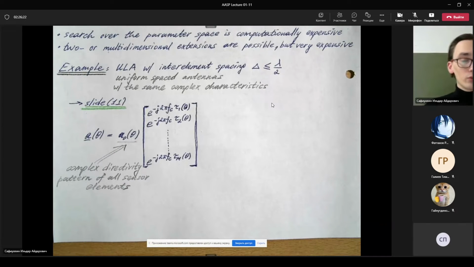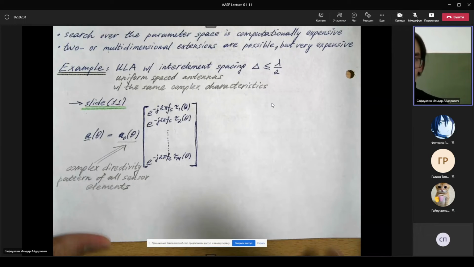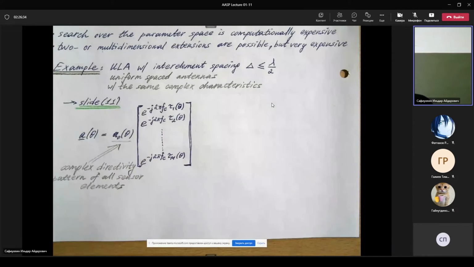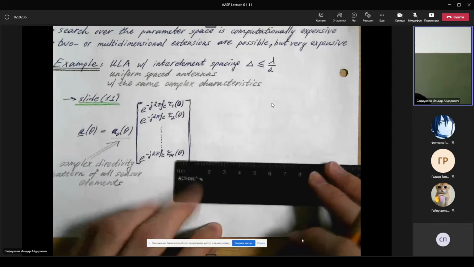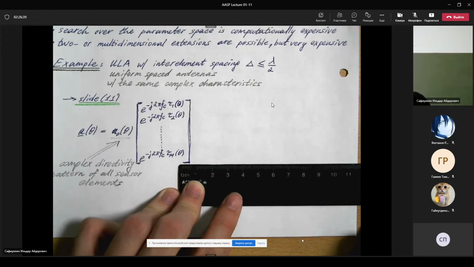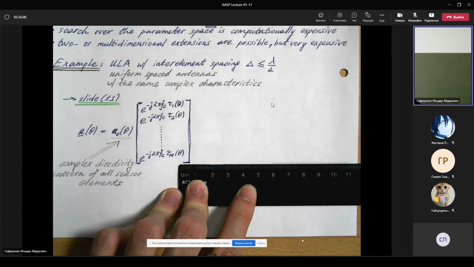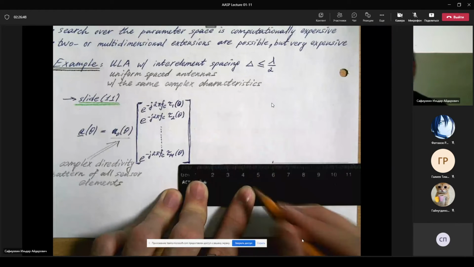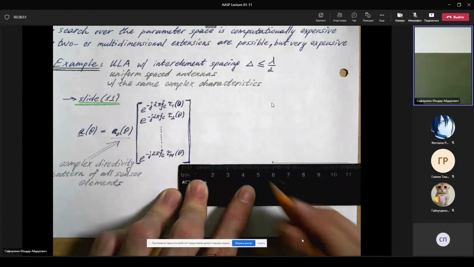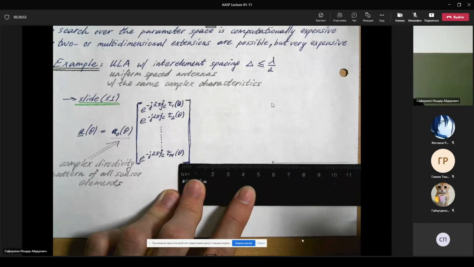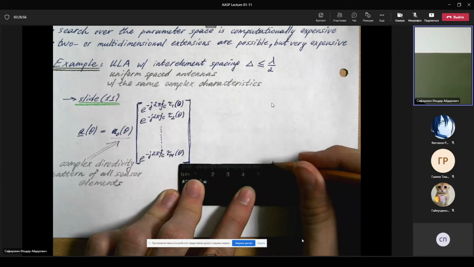And of course, to show this one, which is complex, I need to take the absolute value of this complex variable. So, for example, this one, and for example, like this one.